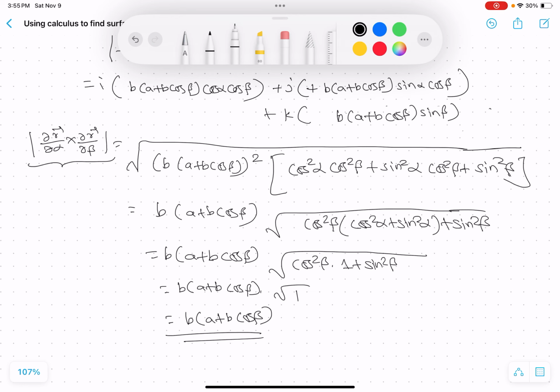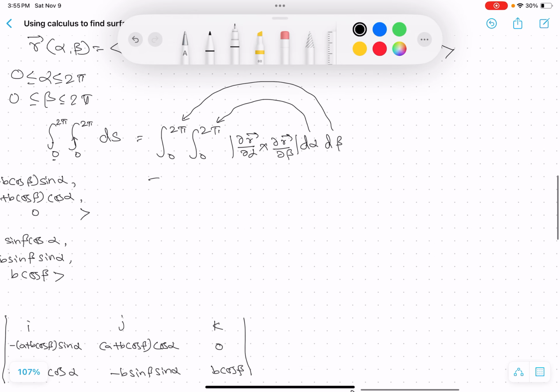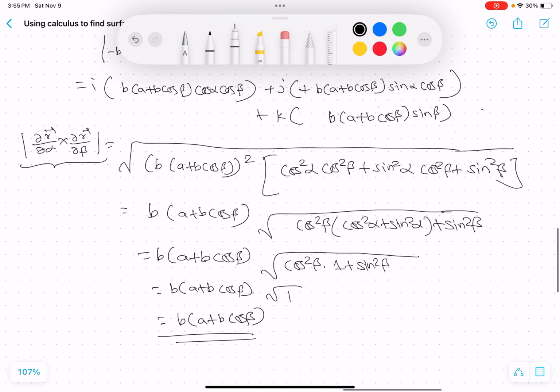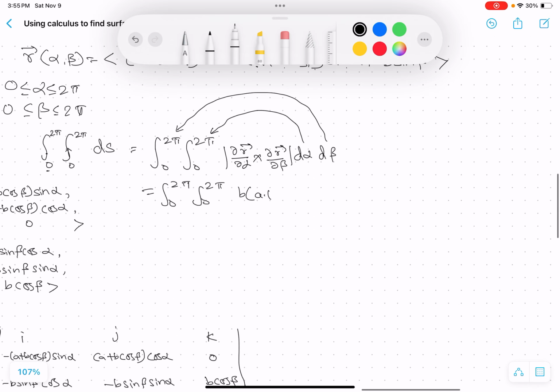So let's substitute that over here. 0 to 2 pi, 0 to 2 pi, b times a plus b cos beta, d alpha d beta. Let's write it as b times a plus b cos beta, d alpha d beta.